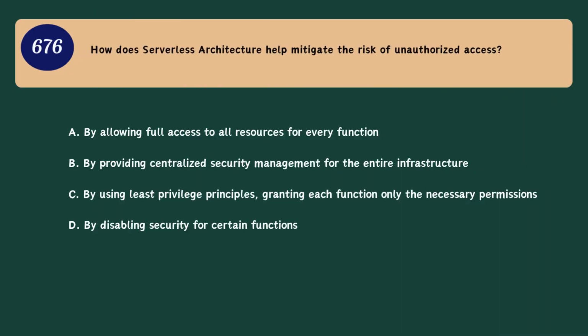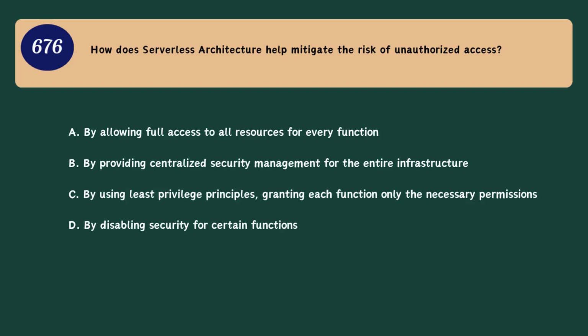Question 676. How does serverless architecture help mitigate the risk of unauthorized access? A. By allowing full access to all resources for every function. B. By providing centralized security management for the entire infrastructure.